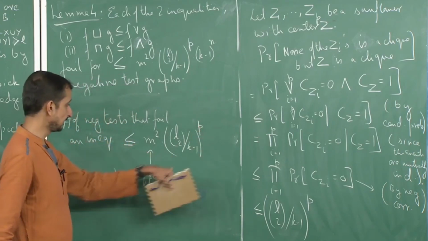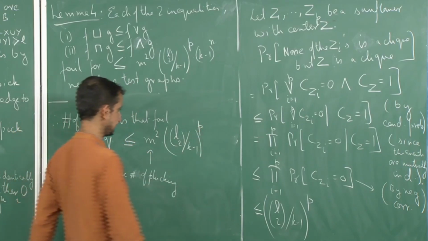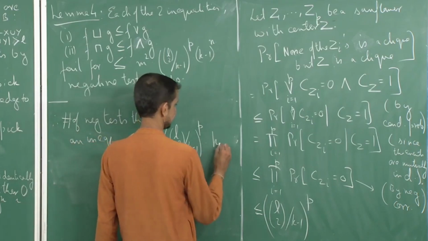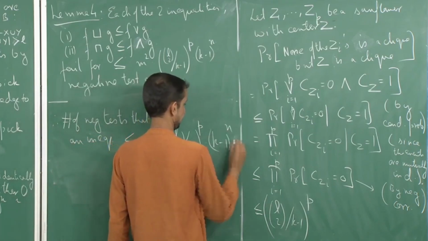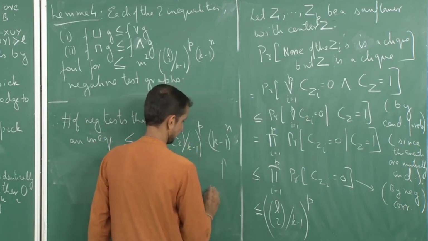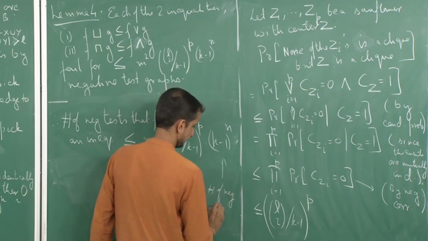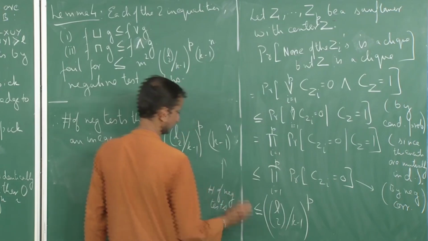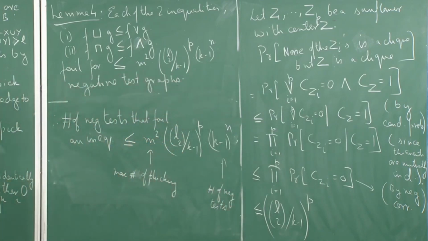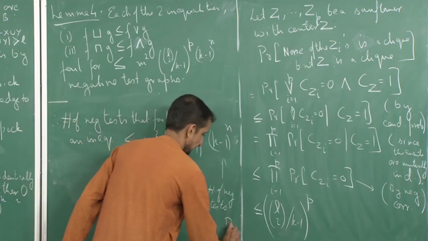This is the probability that a single plucking fails, times the total number of negative tests. So this completes the proof of lemma 4.